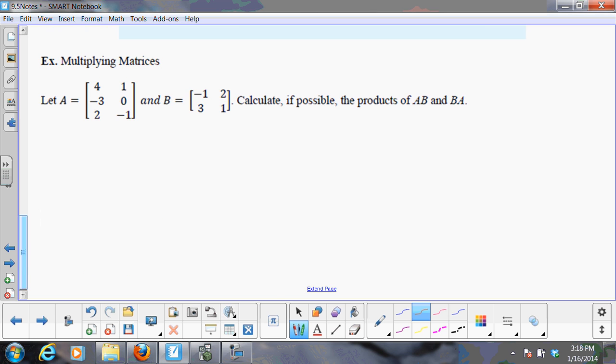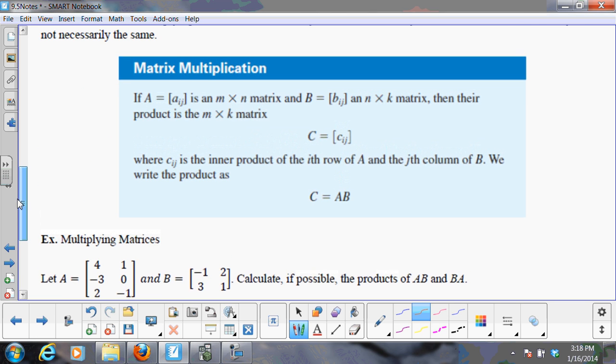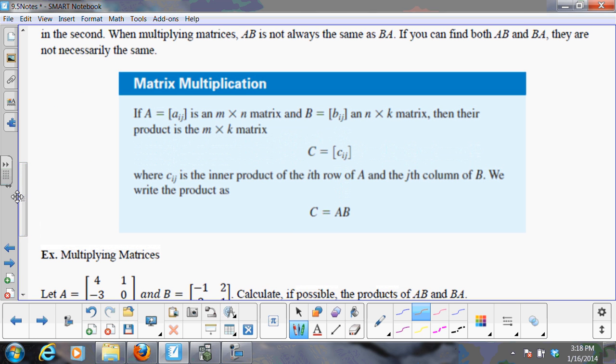And one thing we should mention is that the only way to make sure that you can multiply is that the number of columns has to match the number of rows. The number of columns in the first one must match the number of rows in the second.